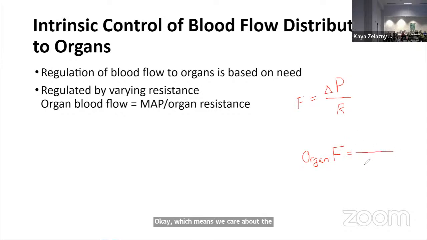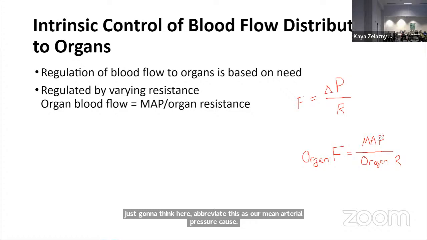I'm going to do the bottom first here. The organ resistance is going to depend on the state of those arterioles that we're about to control with our intrinsic controls. And then our difference in pressure is going to stay the same as it was for our overall equation. We're just going to abbreviate this as our mean arterial pressure, because that's the overall pressure in the system.